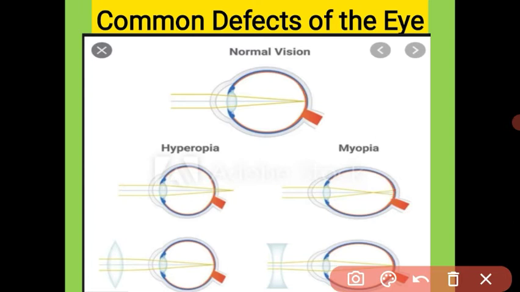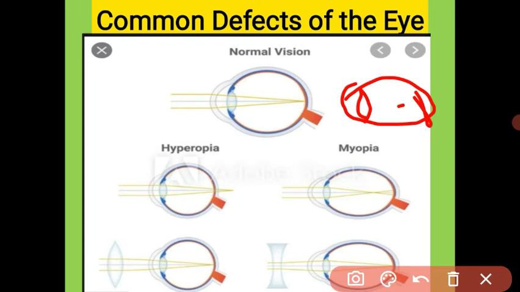But in myopia, what happens? The eyeball is elongated, so the image is formed in front of the retina, which means the image is formed in the vitreous chamber, so the person cannot see the distant object. Near objects are no problem, but the person cannot see distant objects.